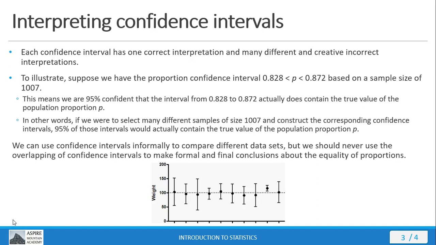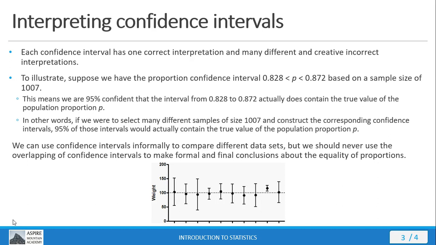Now, we can use confidence intervals informally to compare different data sets, but it's never a good idea to use overlapping confidence intervals in making formal and final conclusions about the equality of proportions. The reason for that is we're going to discover a little while later in future mini lectures when we start talking about hypothesis testing on proportions.